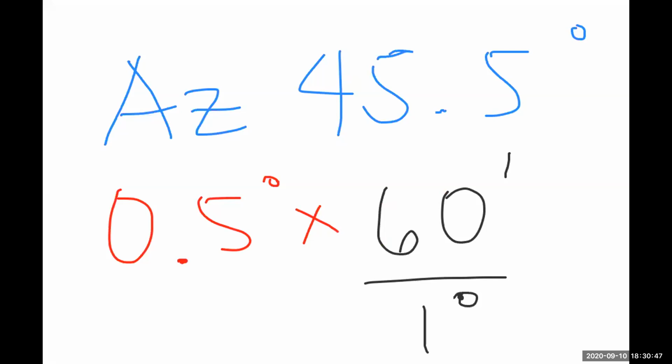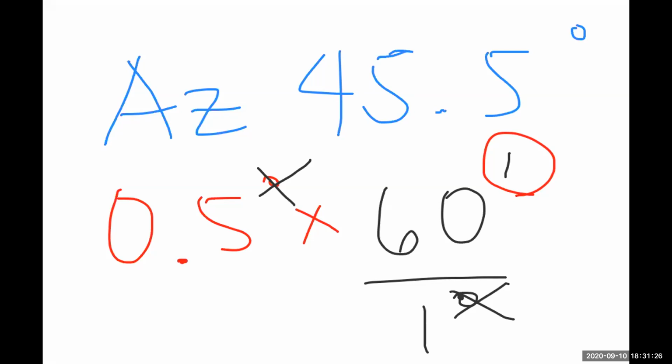The reason why we do it this way is that anytime we have the same units on the top of the fraction as well as the bottom, the numerator or the denominator, however you want to call it, they cancel, they equal 1. Anything times 1 is itself. So I can cancel that and I'm left with minutes. 60 times a half is 30.